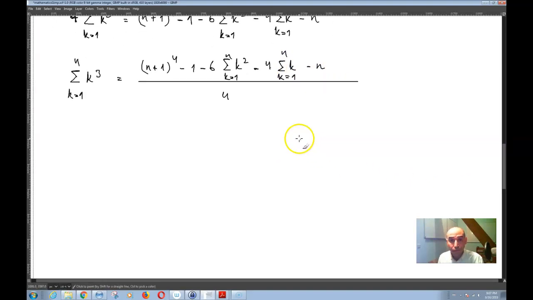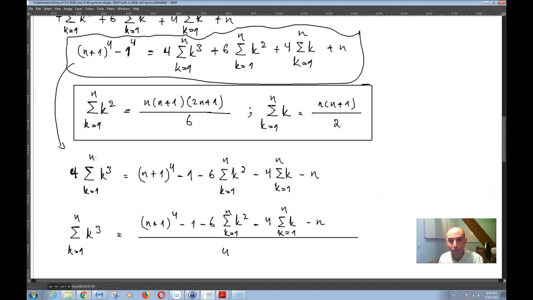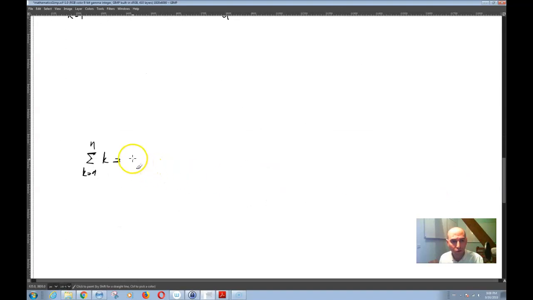And then of course you know that sigma k as k goes from 1 to n is equal to n times (n plus 1) divided by 2.